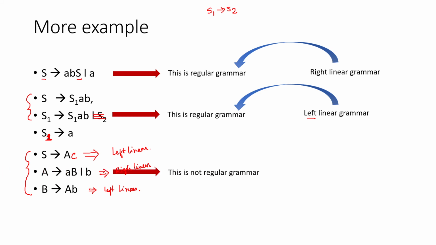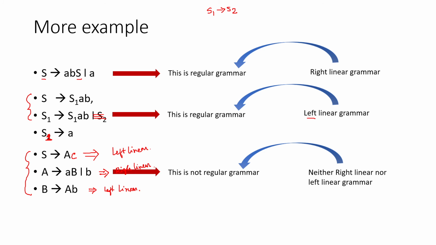So that's why this is not a regular grammar. But what we can say? This is a linear grammar, but not regular. I mean, I can say this is neither right linear nor left linear.